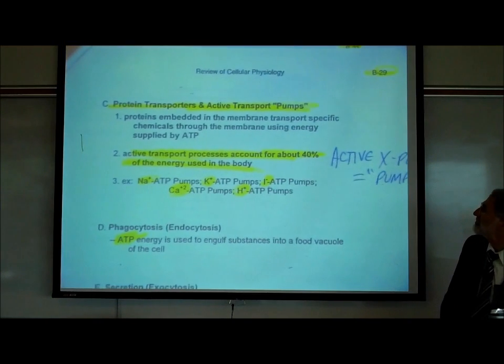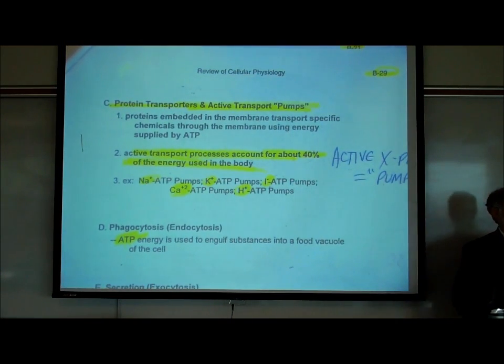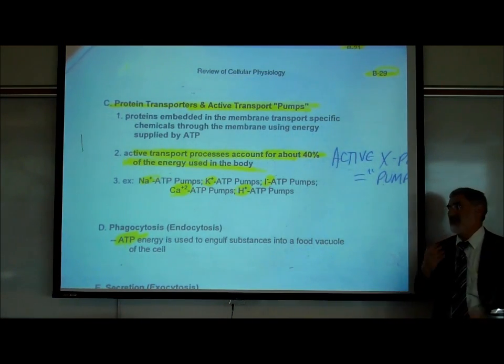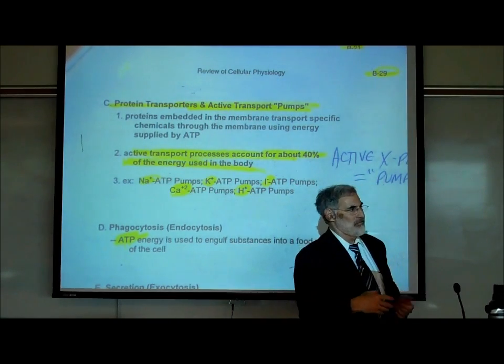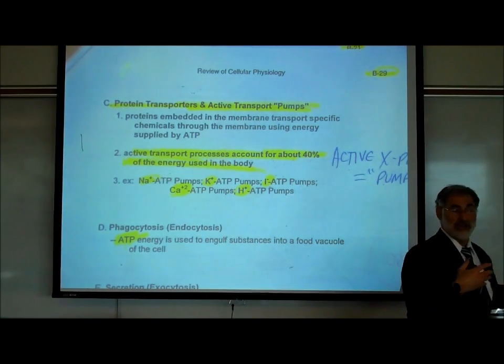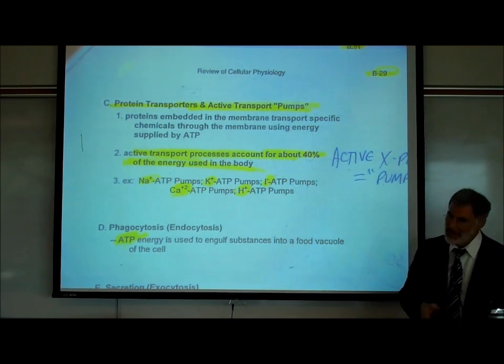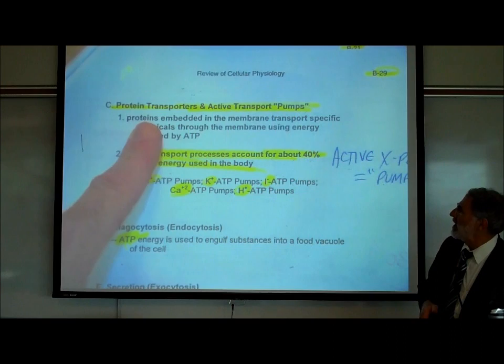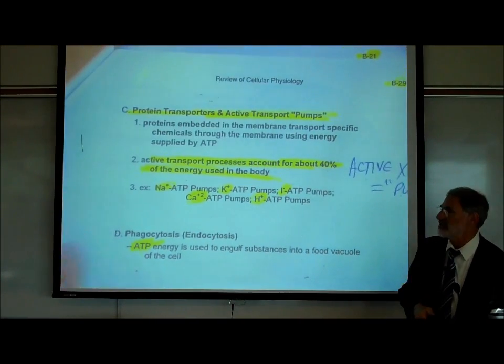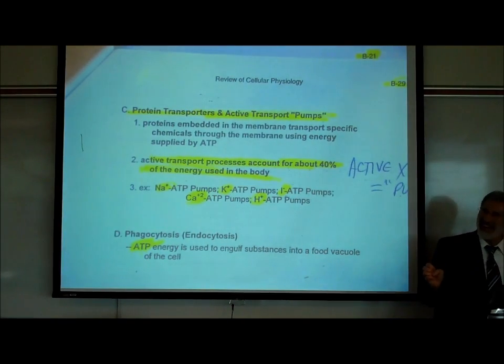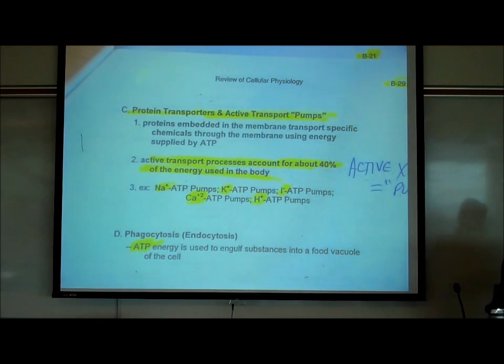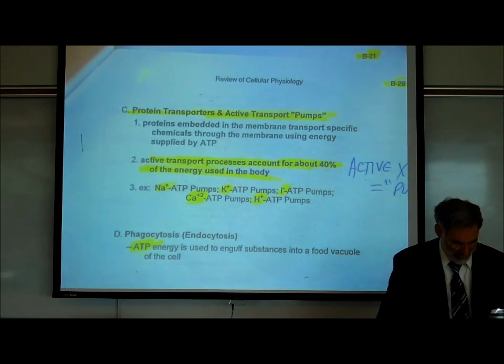Let's take a look at page B29. On B29, so we have been reviewing diffusion and 4 factors that affect the rate of diffusion. We've reviewed osmosis and the terms isotonic, hypotonic, and hypertonic fluids. So now let's remind you about transporter proteins. Transporter or carrier proteins help transport chemicals across the cell membrane.